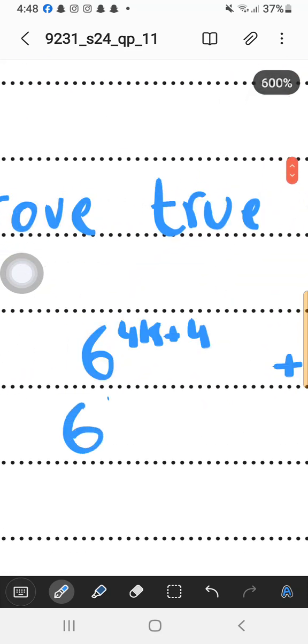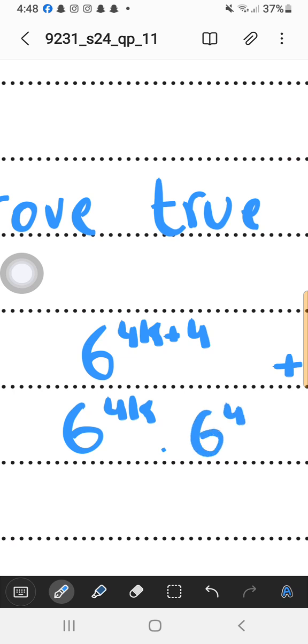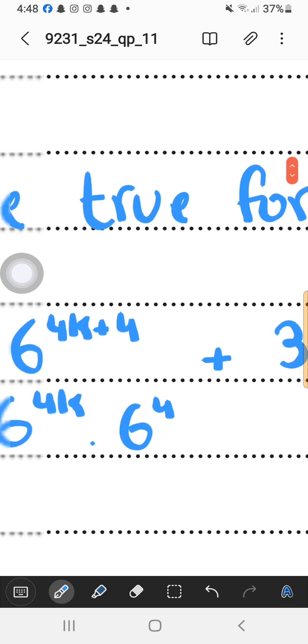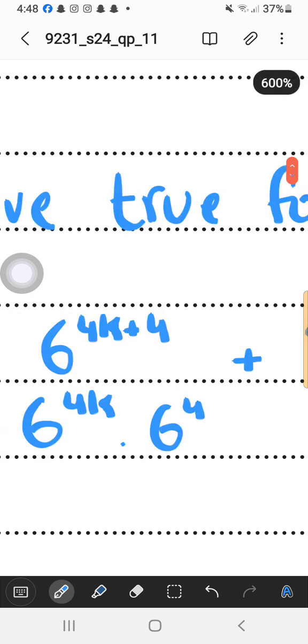We can write it as 6^(4k) dot 6^4. This dot represents multiply. According to indices, if we write it as one figure, the powers get added.